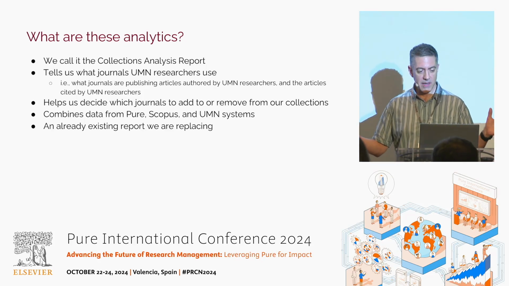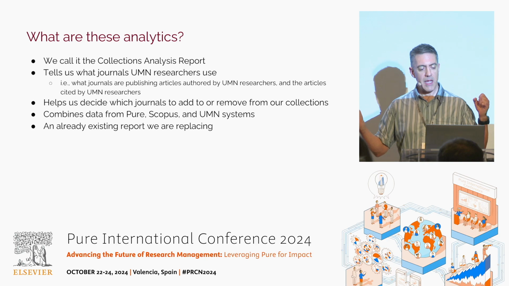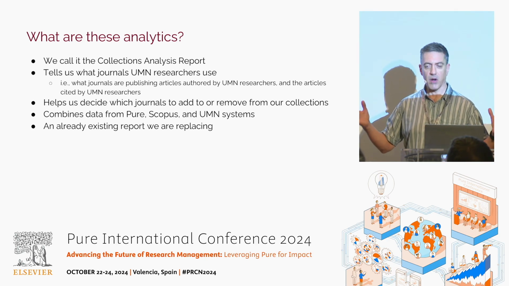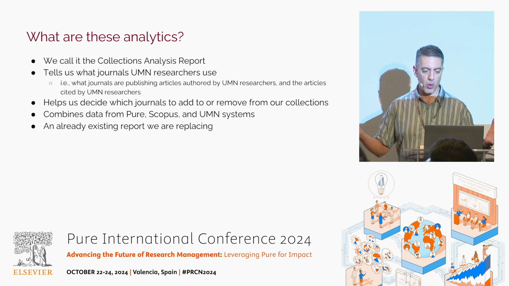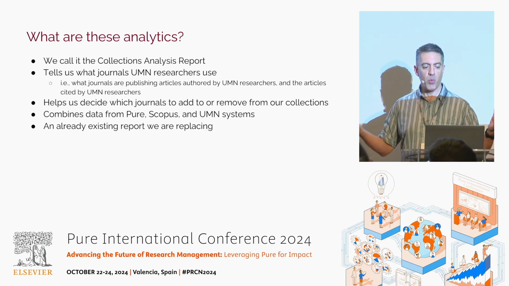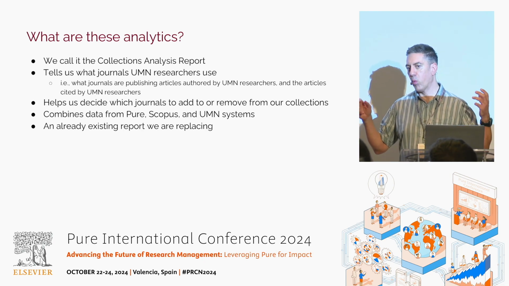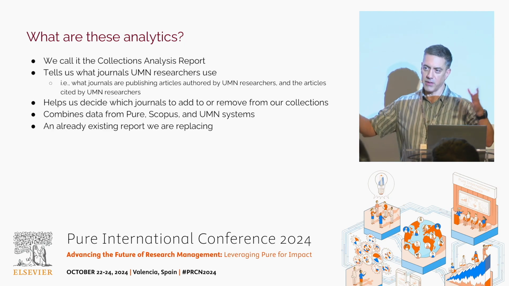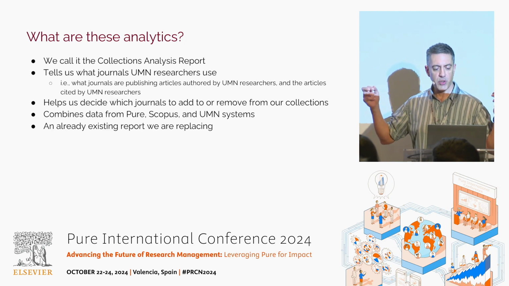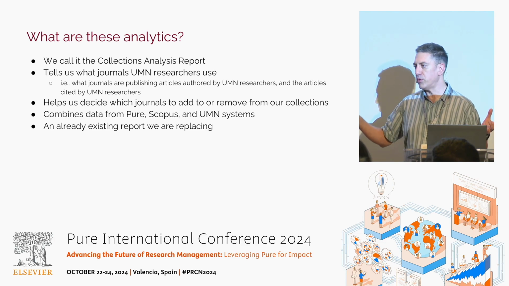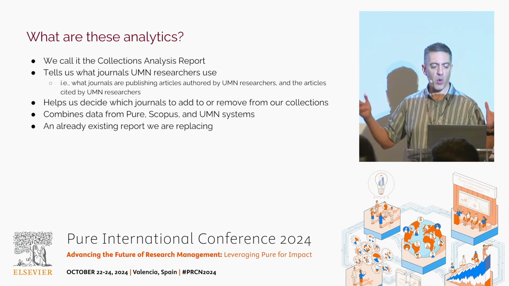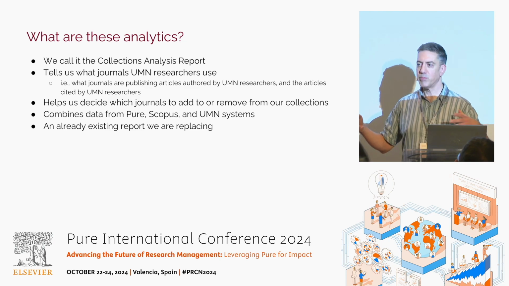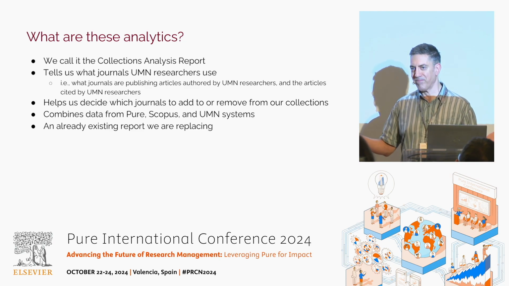So what are these analytics? This is actually for our use in the libraries. We call it our collections analysis report. We want to get information about what journals our researchers are using, thus our collections, the journals that we are subscribing to. The point is that maybe we're paying a lot of money for some journals that no one is using.